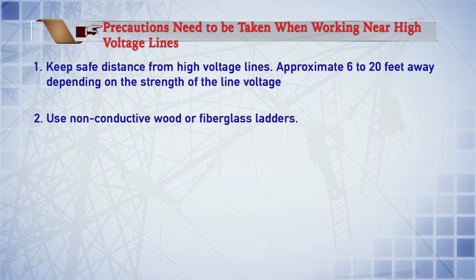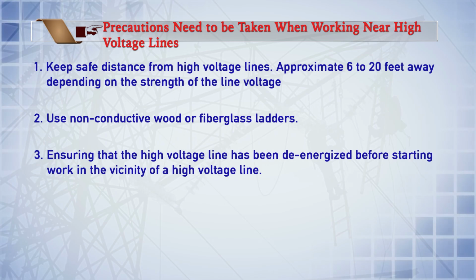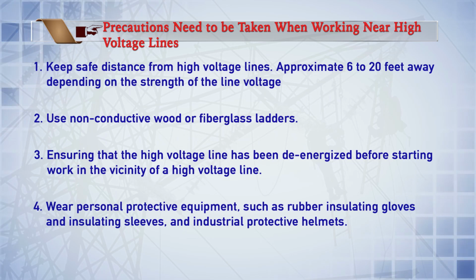Second, use non-conductive wood or fiberglass ladders. Third, ensure that the high voltage line has been de-energized before starting work in the vicinity of a high voltage line. Wear personal protective equipment such as rubber insulating gloves, insulating sleeves and an industrial protective helmet.